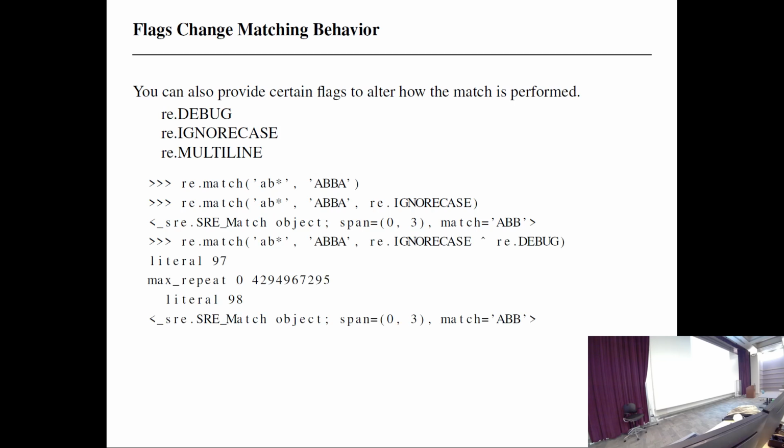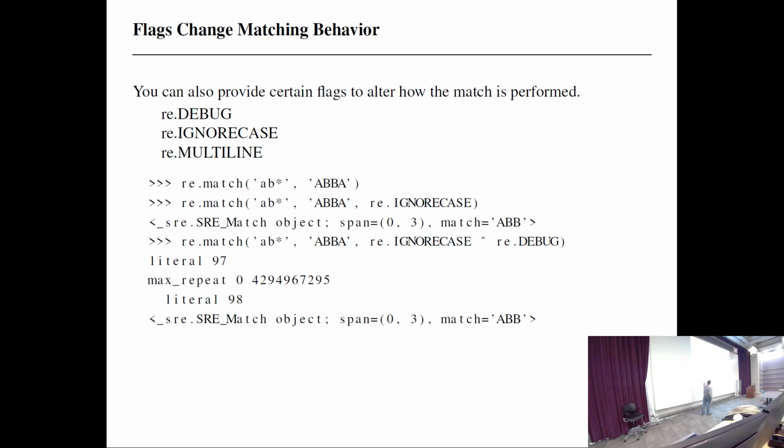You can also use, remember this caret here in Python, this is the bitwise or, that combines these two values. And we'll notice that when I turn on debugging, I actually see the trace of how my expression matched.